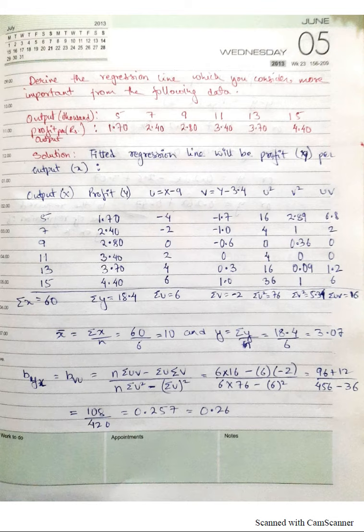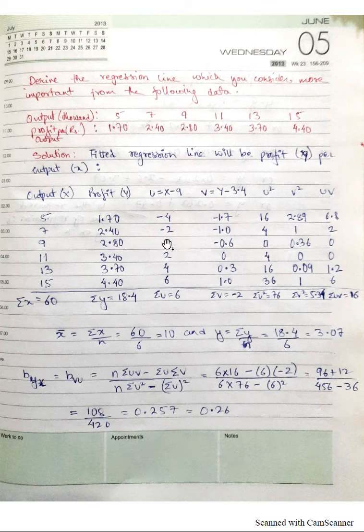So the logic of taking this instead of this as the middle value, since we have taken this as the middle value here already. If we take this as the middle value, the value of v will be 0 for this row itself. So while calculating the value of uv, we will have 0 for two different rows, so it will make our calculation easier.